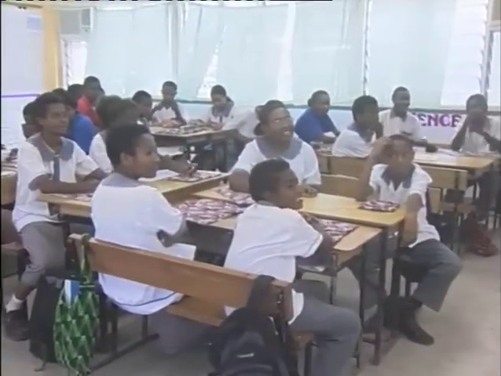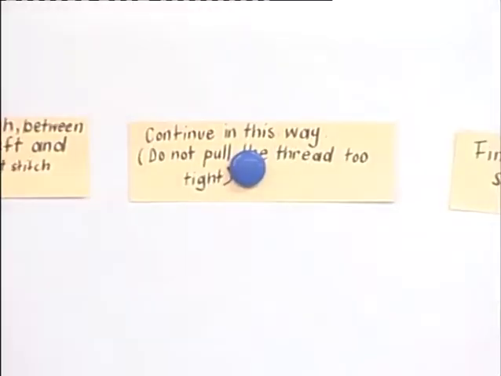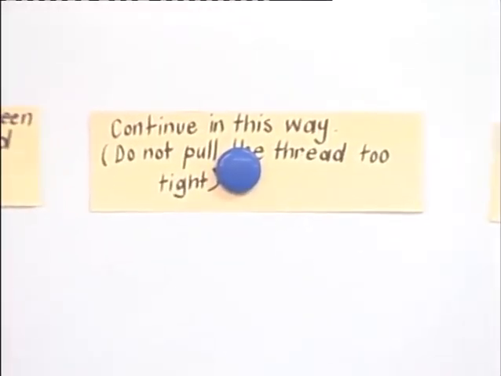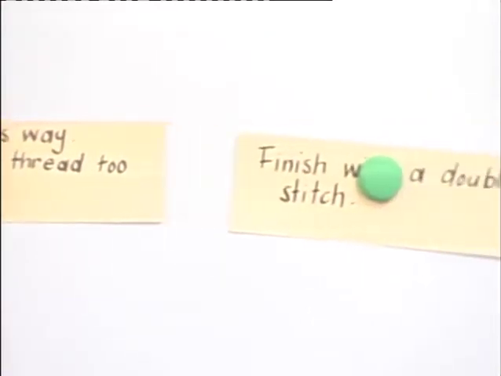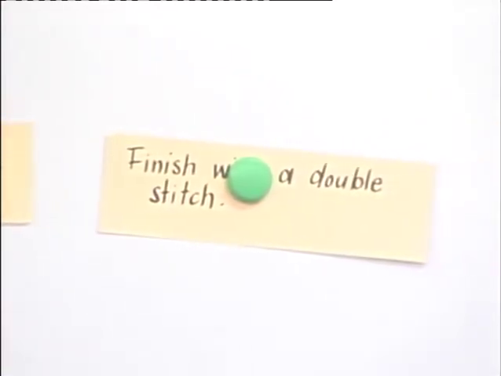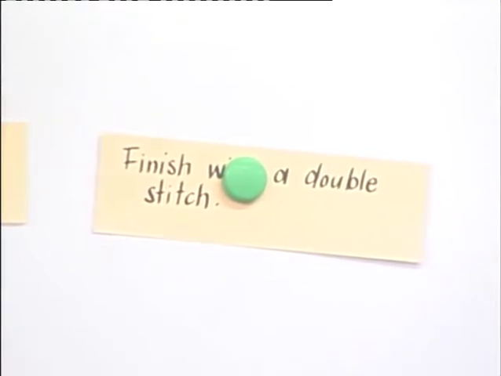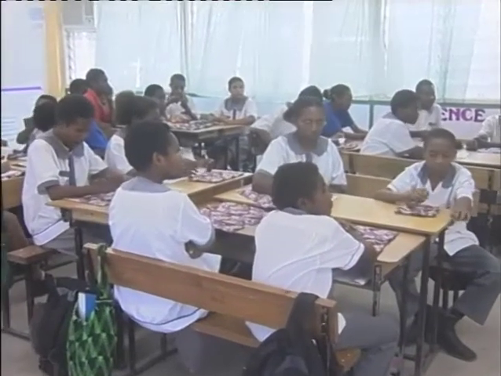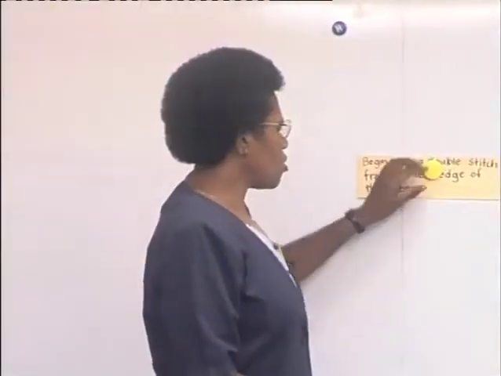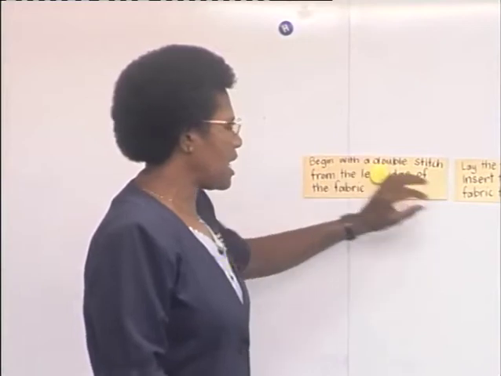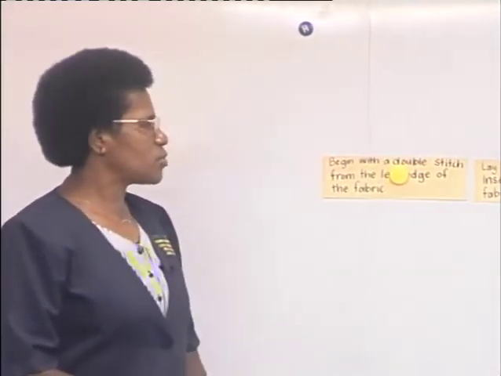So these are the steps that we've looked at, and we will use these steps once again to blanket stitch the edges of the pillowcase that we are working on. Let's go quickly through the steps together. I'd like all of us to read the first one together.